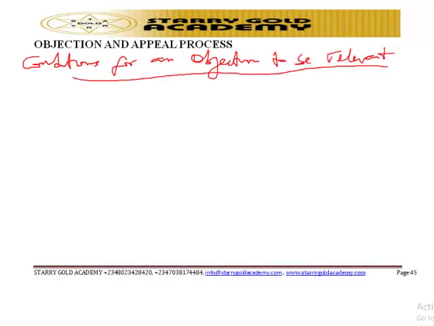Conditions for an objection to be relevant. So remember, we just discussed the types of assessments we have. Apart from the self-assessment, where taxpayers assess themselves based on what they feel is appropriate to pay as tax, we have additional assessment, government assessment, turnover basis, or deemed assessment approach.